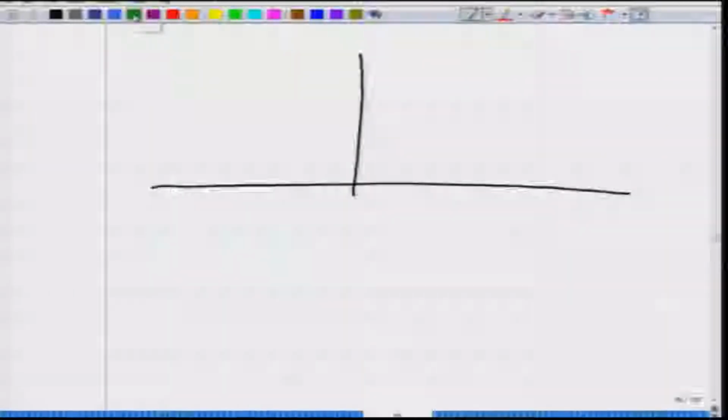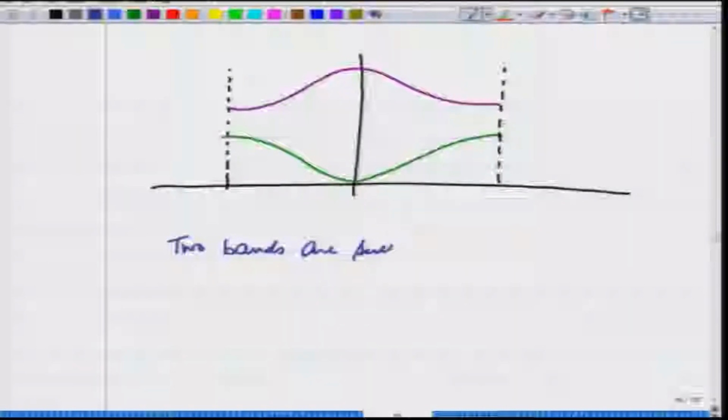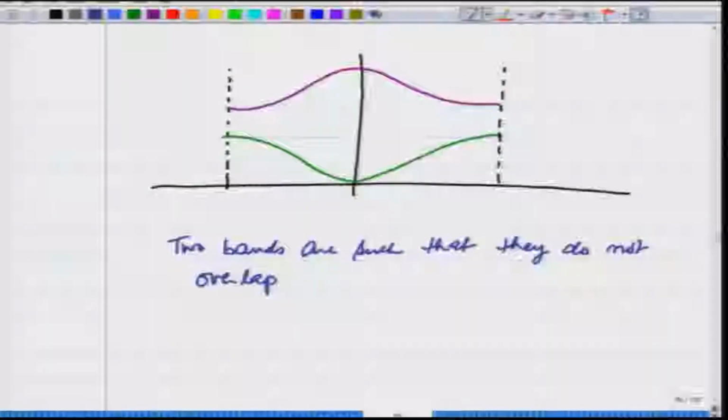I have two bands, and I am taking only one dimension. In higher dimensions, these two bands are such that they do not overlap, otherwise we get a semi metal as we had discussed earlier.